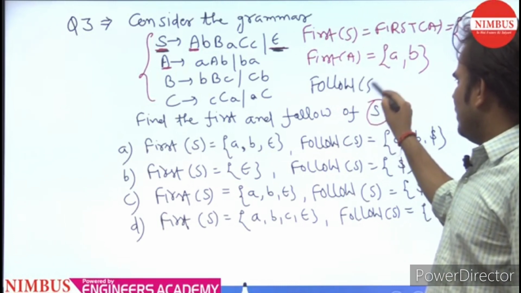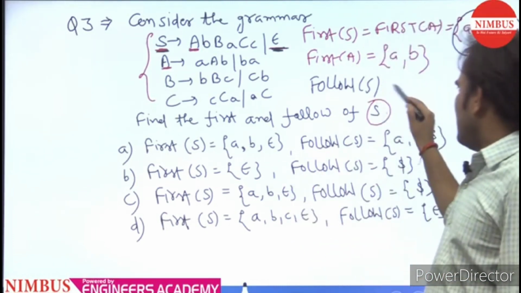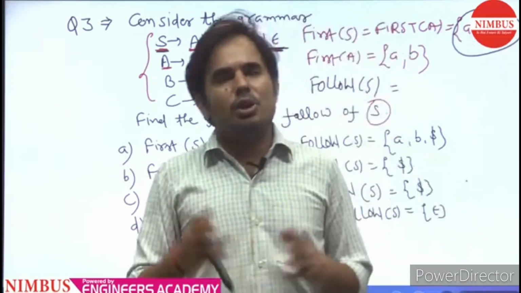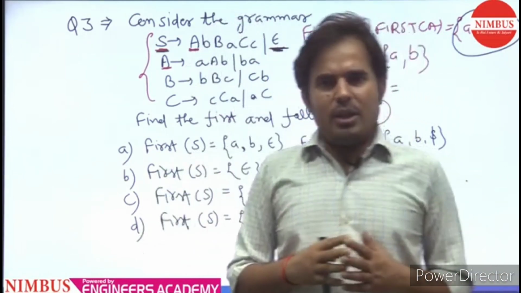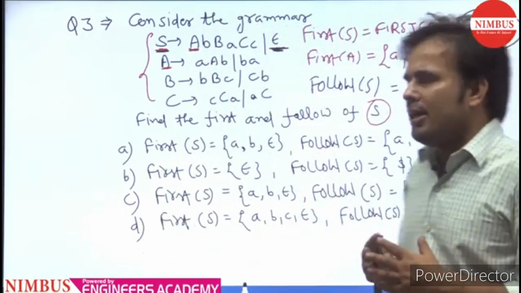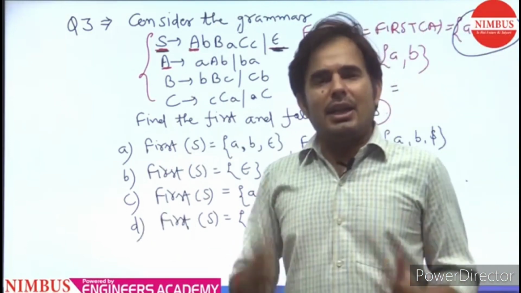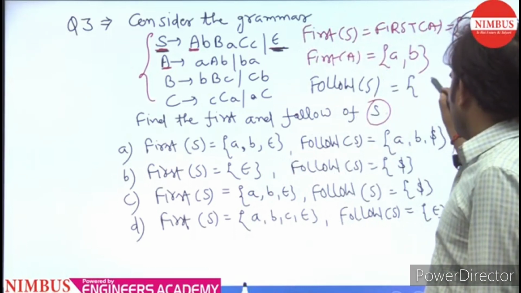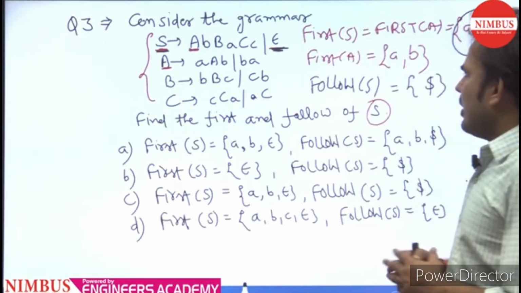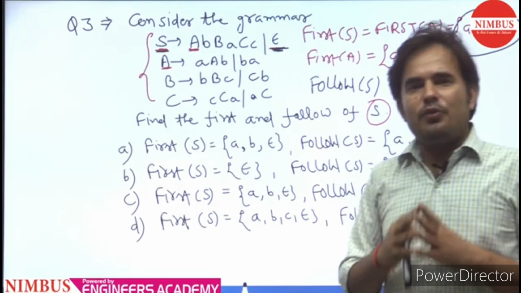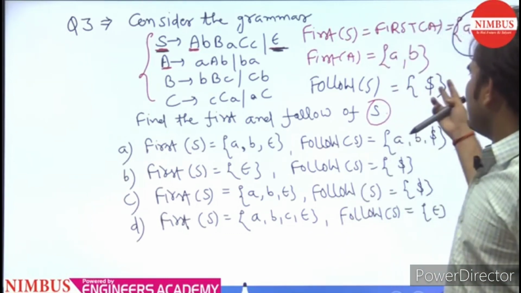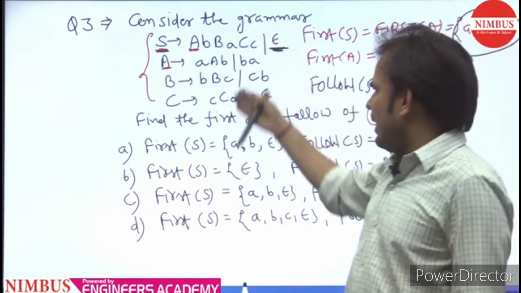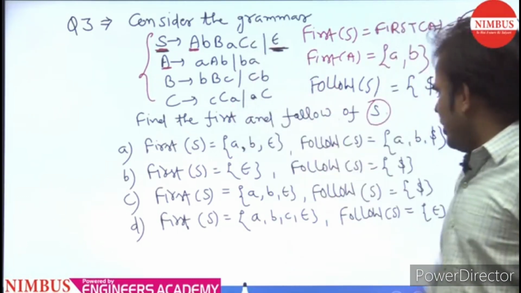We know that the follow of the starting symbol of the grammar is dollar. By default, dollar is present in the follow set of the starting symbol. So the follow set of S is only dollar, because S is not present anywhere in the right hand side of any production.